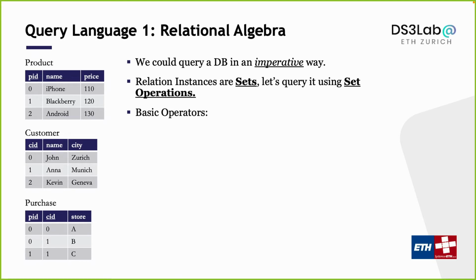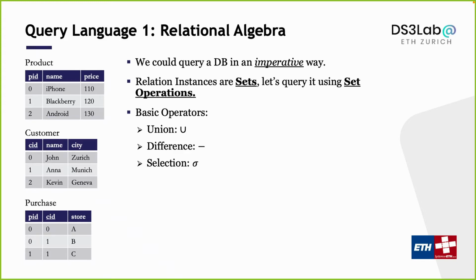I could have a query language contain some basic operations over sets, for example, a union between 2 sets. My relation instances are sets of tuples, so there's nothing stopping me from taking the union of them, producing a new relation. I can union them, I can compute the difference between two relations.